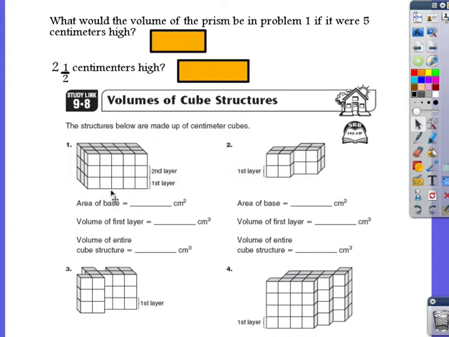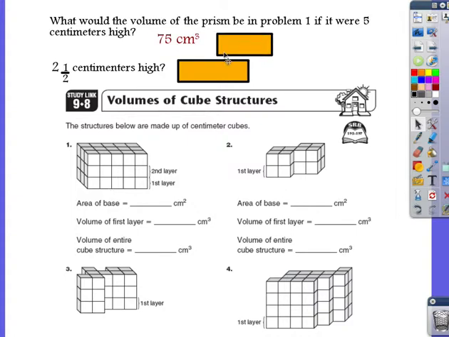So our base is 15. So if we had 15 plus 15 plus 15 plus 15 plus 15, that would get us an answer of, well, 15 plus 15 is 30. 30 plus 30 is 60. 60 plus 15 is 75. So it would be 75 cubic centimeters.